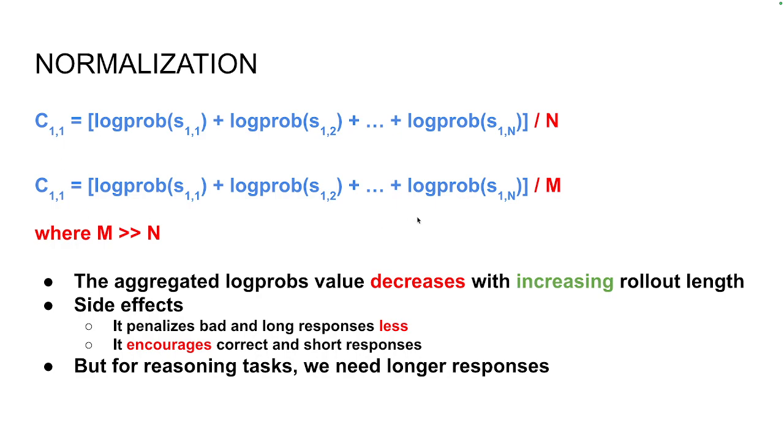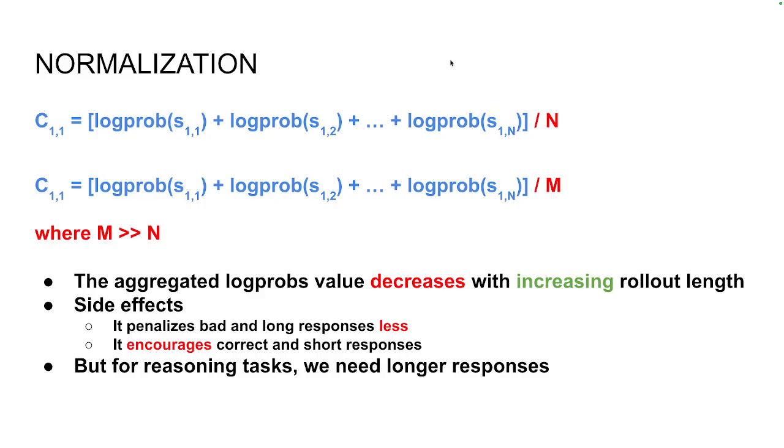So for the longer one, this term would be smaller, because the aggregated log probs are going to decrease because of the increasing rollout length. And we have seen that increasing rollout length helps in reasoning. We need more reasoning tokens so that the model can reason about the problem and understand the problem better. So we should encourage having longer rollouts.